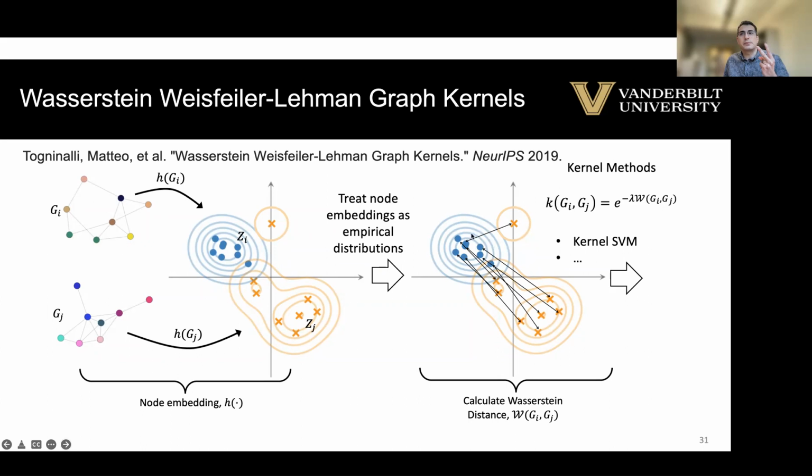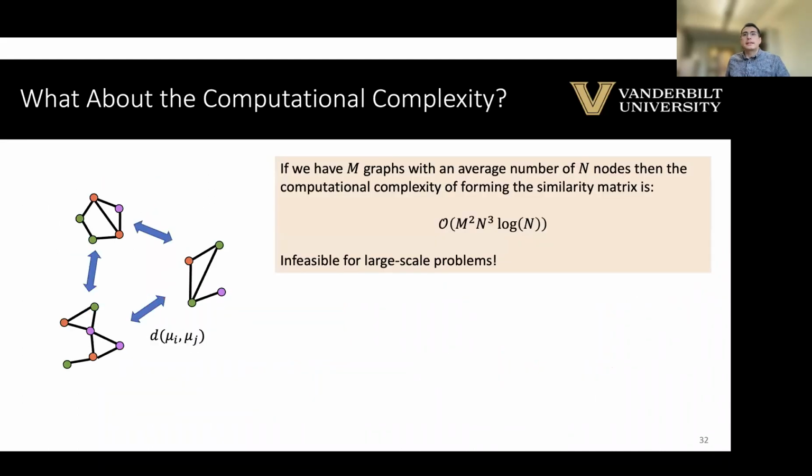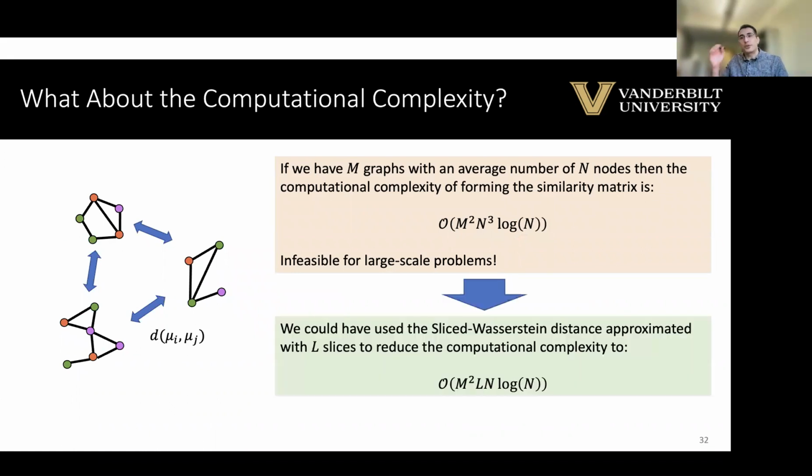But we know that if we define a similarity between graphs, here we are going to define a kernel to be simply e to the negative lambda Wasserstein distance between the node embeddings. Then this similarity between two graphs, we can use it in kernel methods like kernel SVM and kernel SVR to solve machine learning problems.